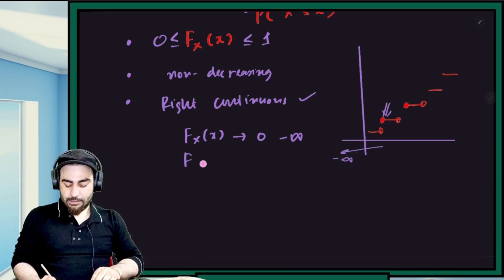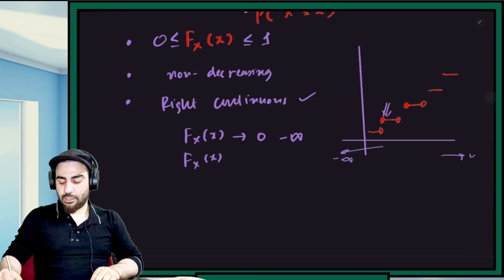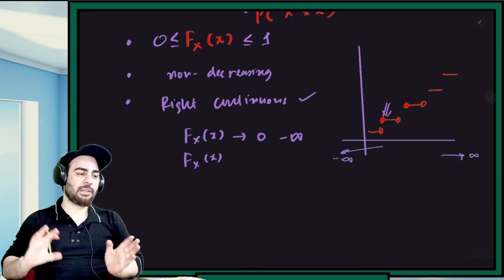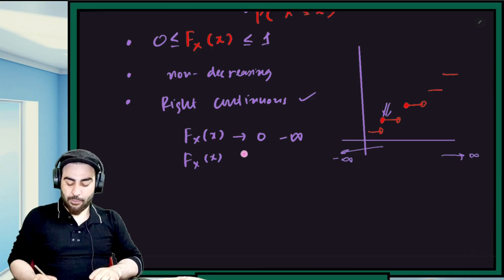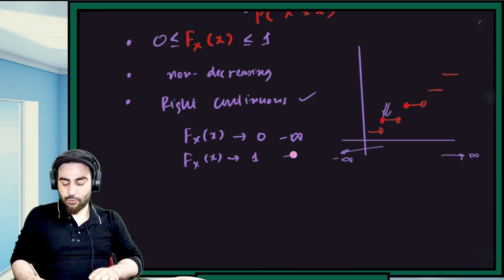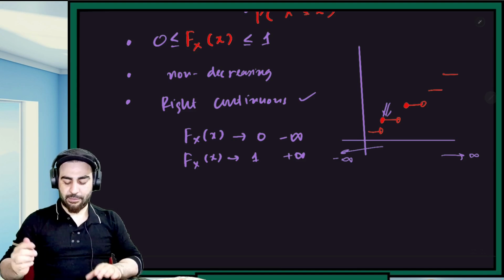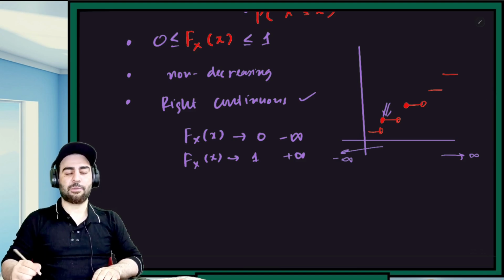And vice versa, if you go to positive infinity, because we are accumulating the sum, and you know the probability is between 0 and 1, for sure the probability should tend to 1 when you go to plus infinity. This is the behavior in extremes, and you should know that this is a step function for a discrete random variable.